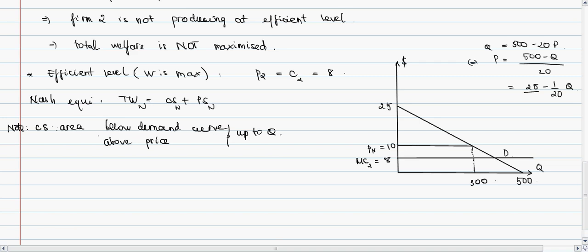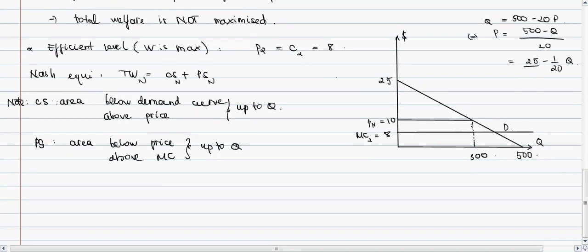All right, so that is the consumer surplus. What is the producer surplus? So producer surplus is the area below the price and above the marginal cost, and also up to the quantity that the firm is selling to the market. All right, so knowing that, we find the consumer surplus first.